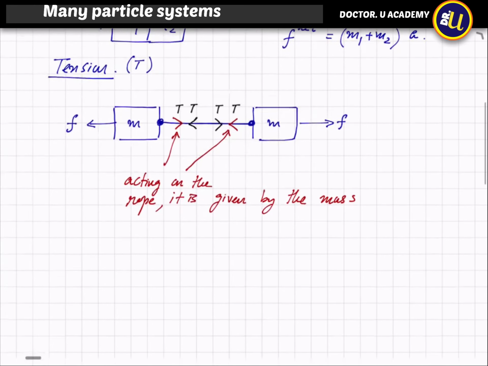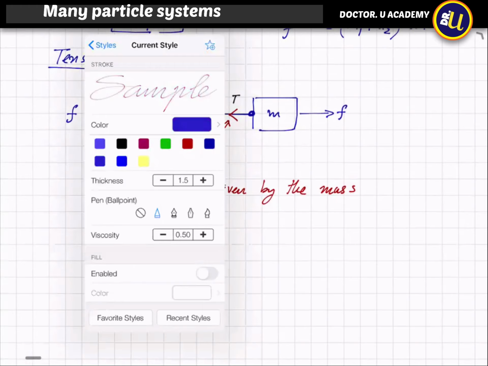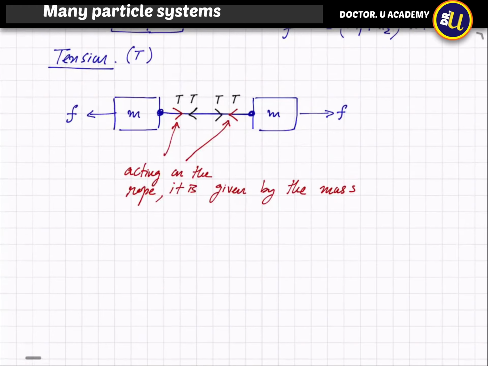Now when we draw the tension forces, typically we don't draw all of these forces. We typically draw only these two.